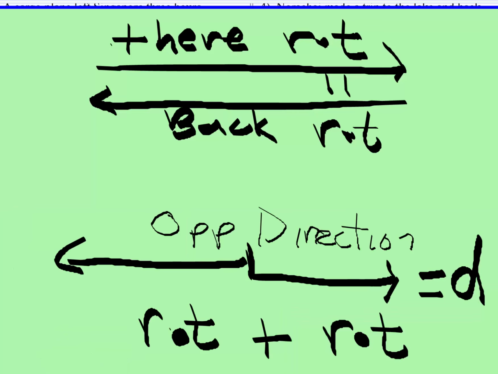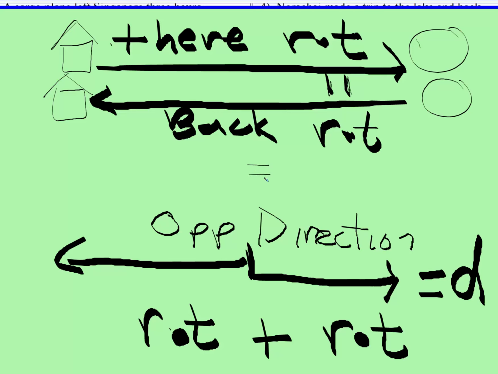So you've got distance problems, and there really are 2, sometimes 3 setups. There's the first one where somebody is starting someplace, they're going to another place, then they return. So it's there and back. And notice these 2 distances equal each other. So you're just going to set those 2 equations equal to each other and solve.